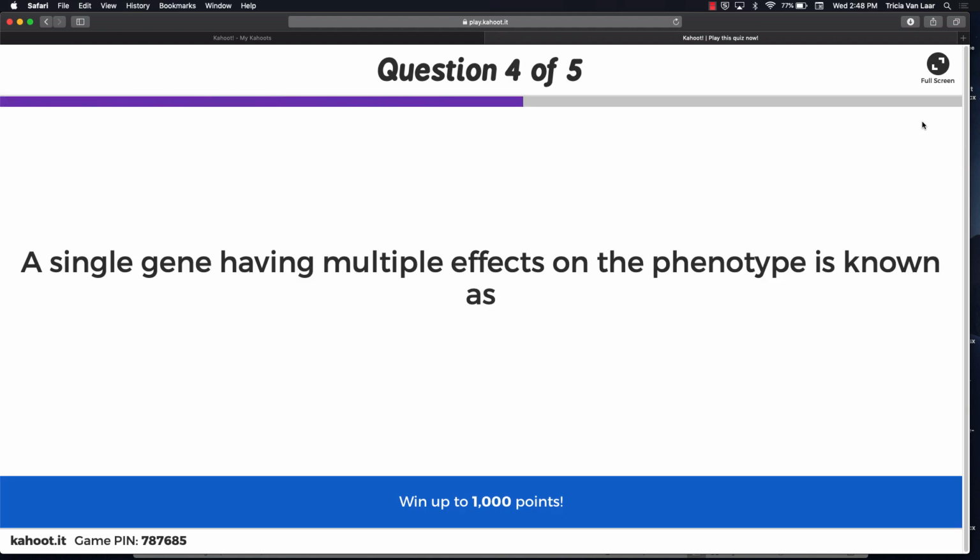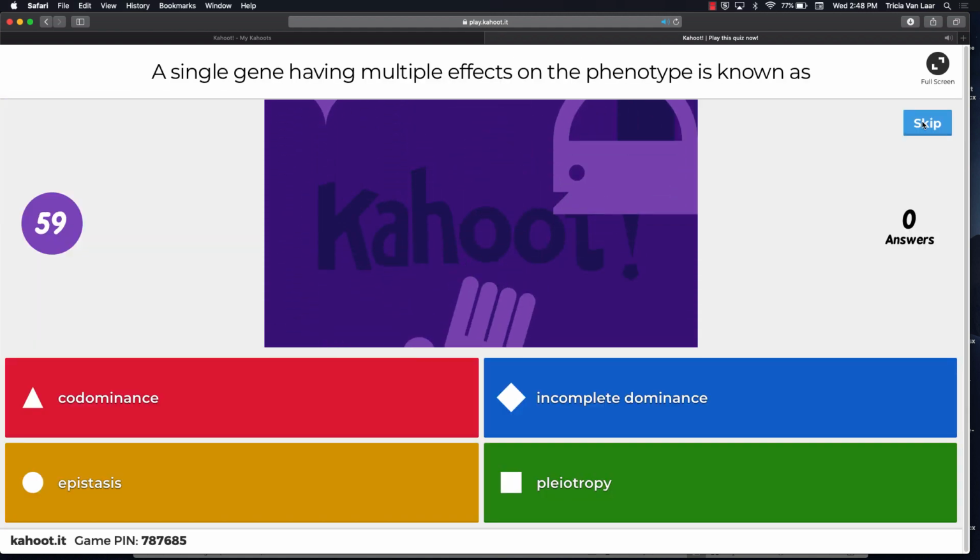One gene having multiple effects on the phenotype is known as codominance, incomplete dominance, epistasis, or pleiotropy.